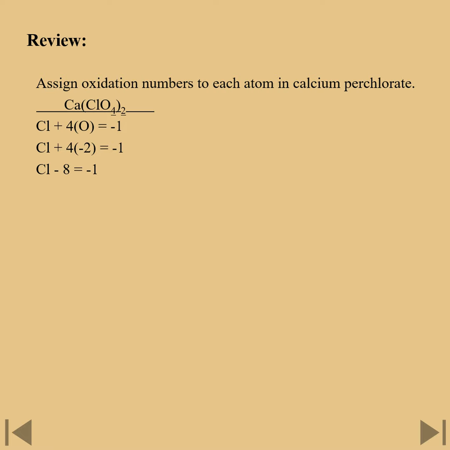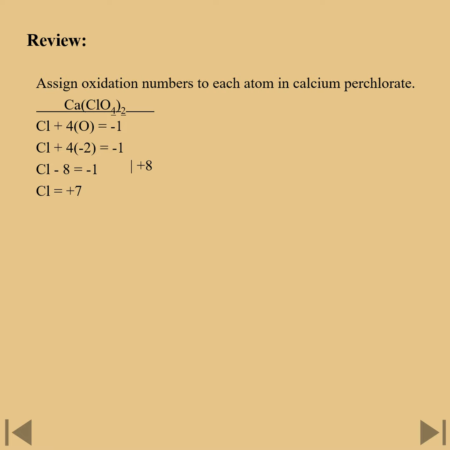We use the expected oxidation number of oxygen. So chlorine plus 4 times -2 is equal to -1. Let's distribute that, to get chlorine - 8 is equal to -1. This is where I might ask, what minus 8 is equal to -1? And of course that would be +7.